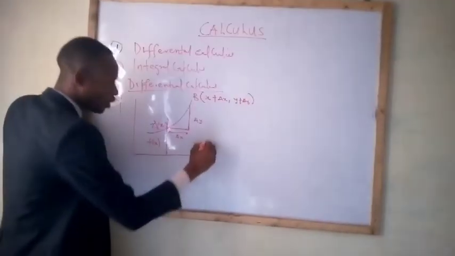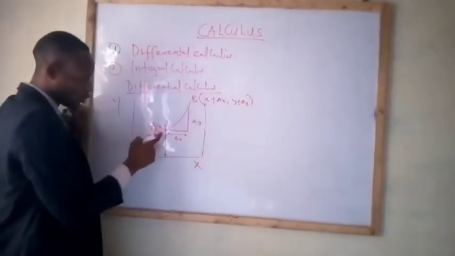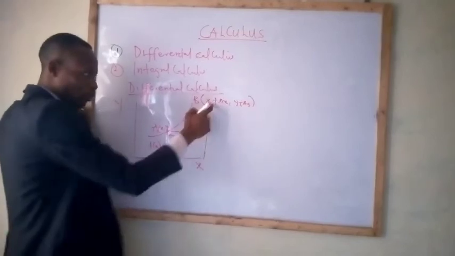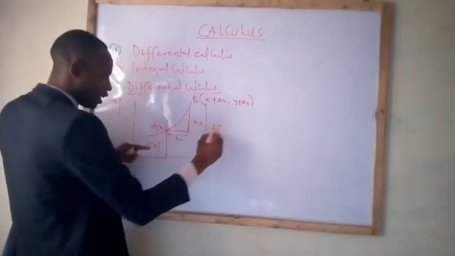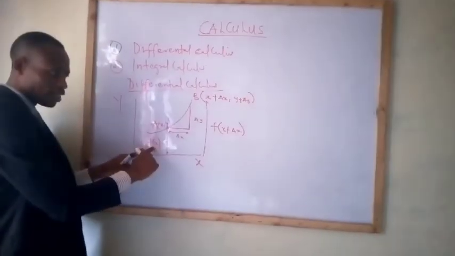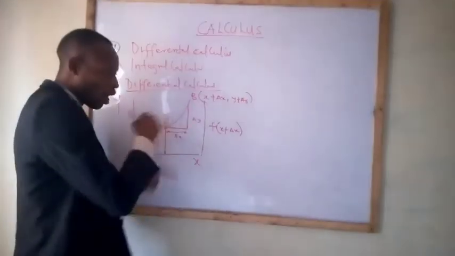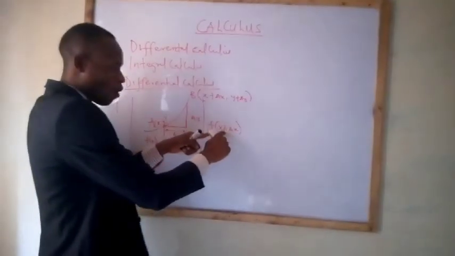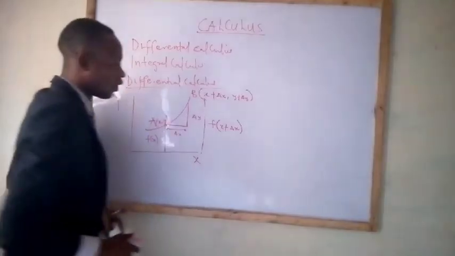Then from this point to this point, look at it. From here to here is f(x). Then from this point to this point is simply f of x plus change in what? X, because we are actually considering x. Assume we are considering y, it will have been f of y plus change in y. Okay?